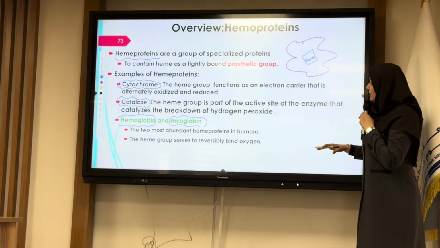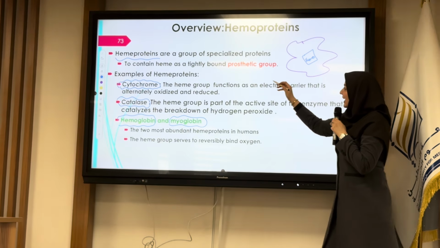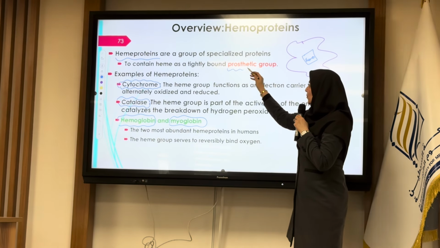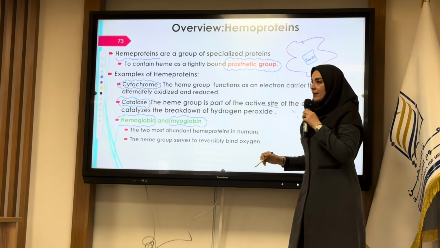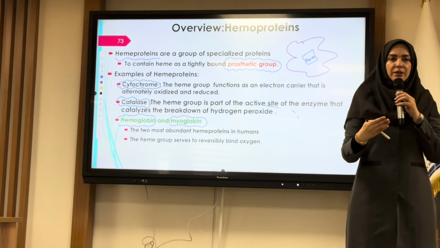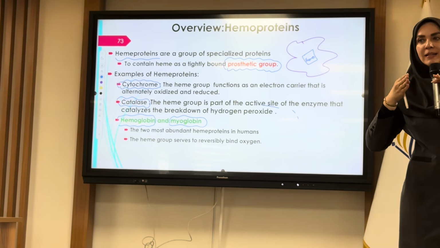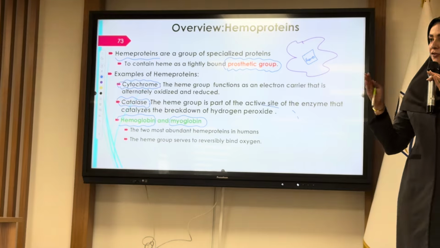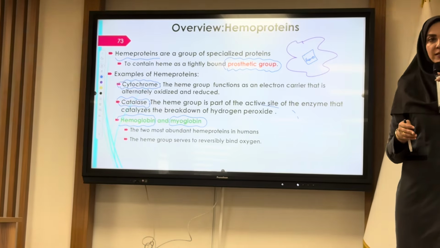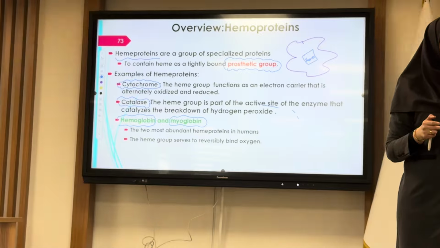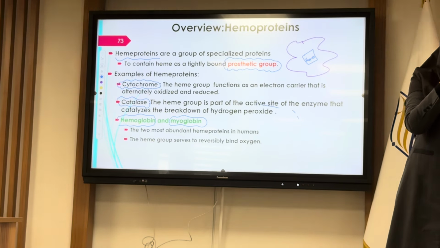As I mentioned, these proteins contain a heme group, and the heme group is a prosthetic group. A prosthetic group is a complementary molecule that binds to the protein to complete its function. For example, inshallah, during the vitamin session, Dr. Khalili will describe some vitamins considered as prosthetic groups.